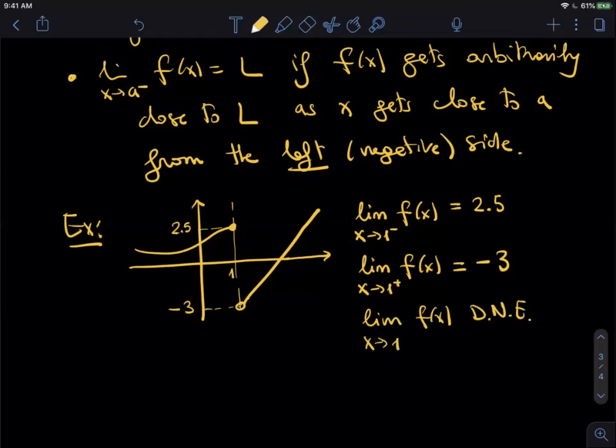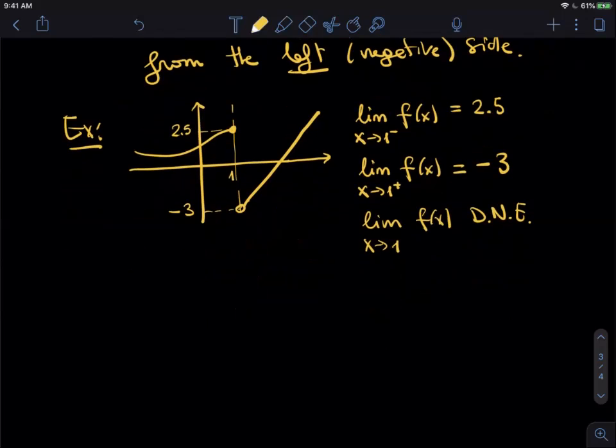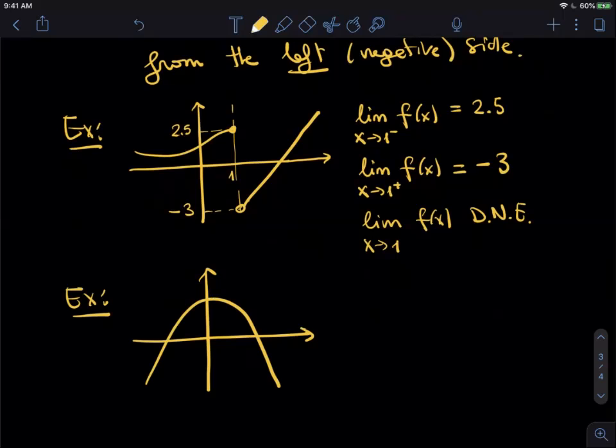Let's do one more example. Let's do it like this. This is 1 minus x squared. So this is equal to 1.